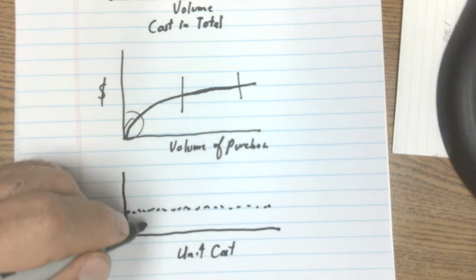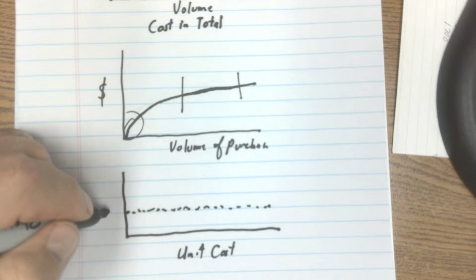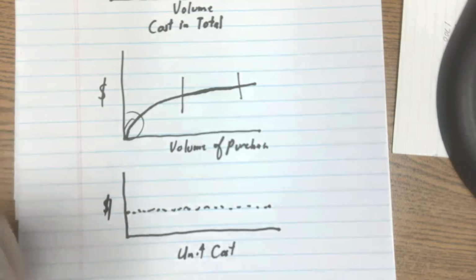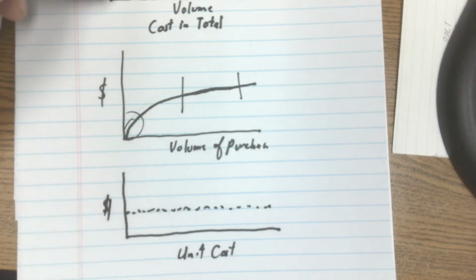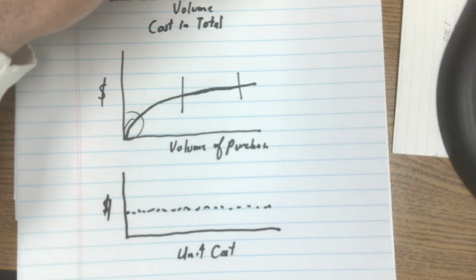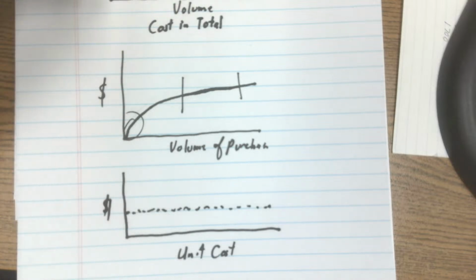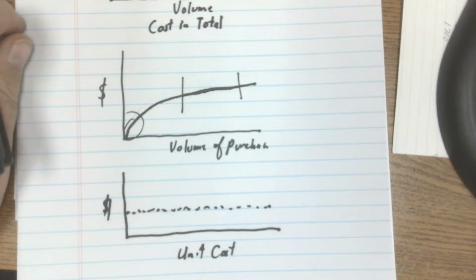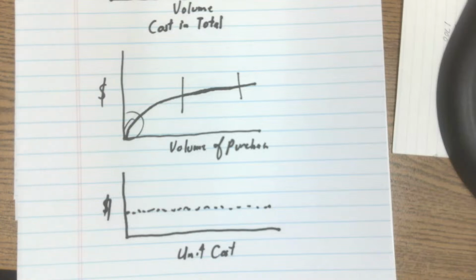Each unit costs a set amount, right? So when we add all these together, we sum them up, we get a total variable cost that is linear. Now that's important because obviously as we go up, it goes up.